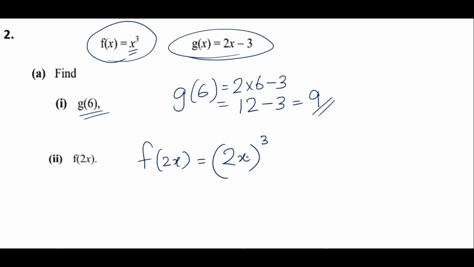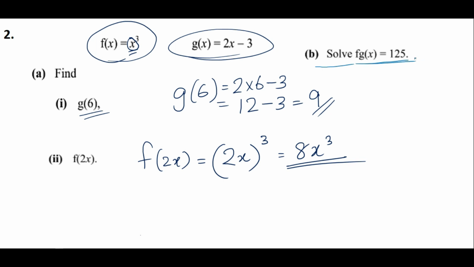Please don't apply the cube only to the x, no, we are replacing the complete x with 2x, so it's 2 cubed, which is 8, and x cubed. This is the answer.